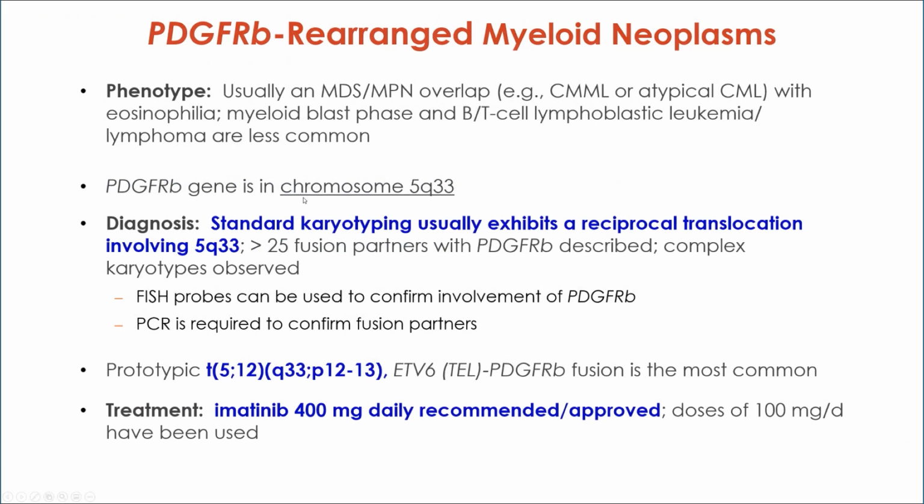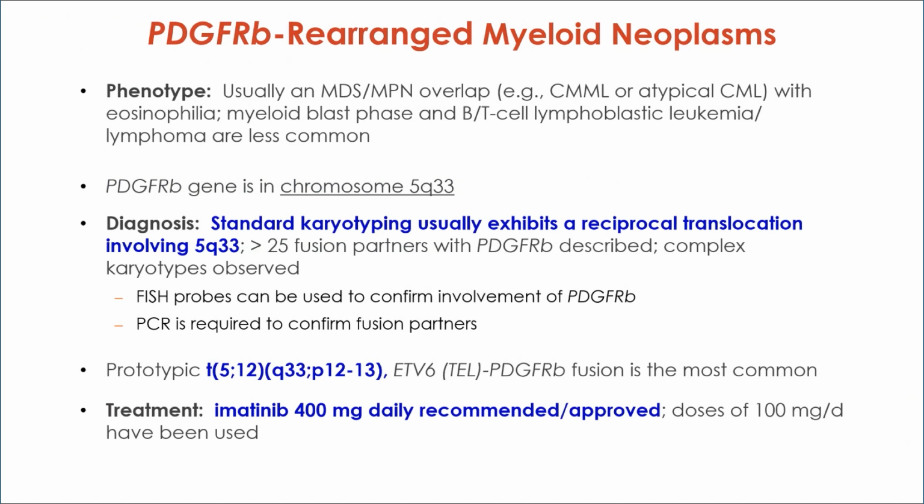So standard karyotyping will usually identify that, and when you see that, typically that would be translocation 5;12, most common among these ones, translocation 5;12. That would be an indication of possibility of having activation of PDGFR beta. A FISH for that exists in some academic centers, and it's a possibility.